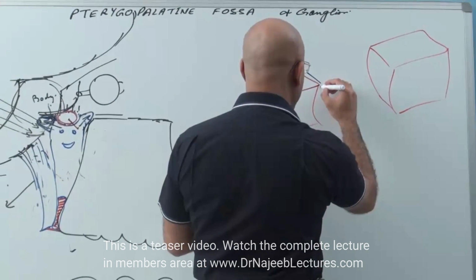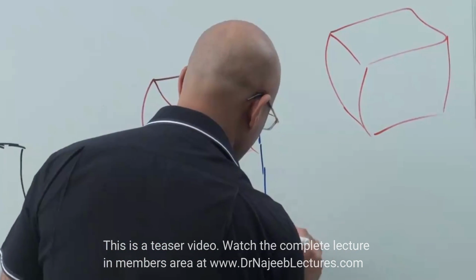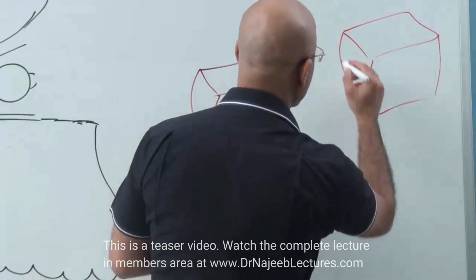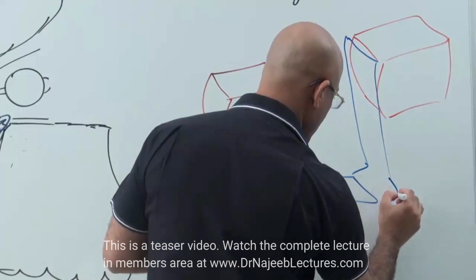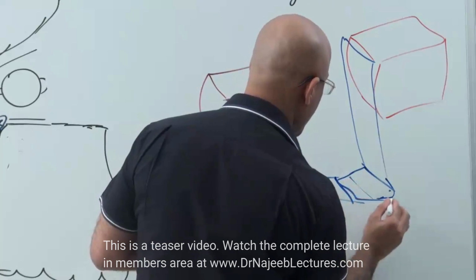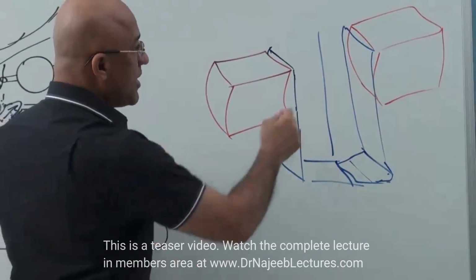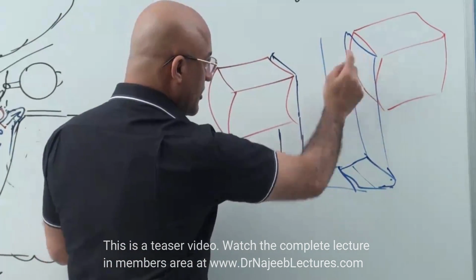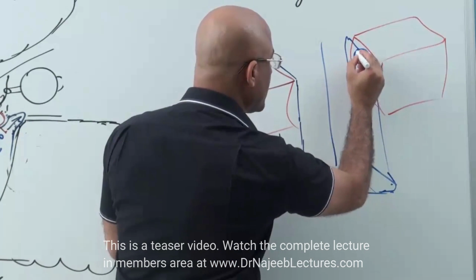Now, what was this bone here on this side? Am I clear? And this is the nasal septum. Okay. Now this here, I told you there was a foramen. What was this?